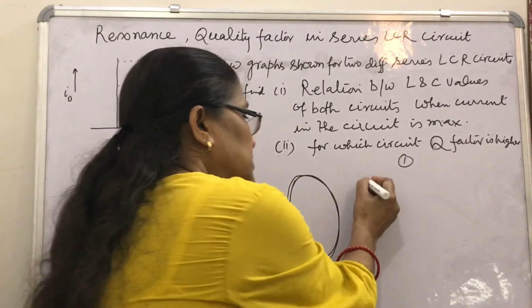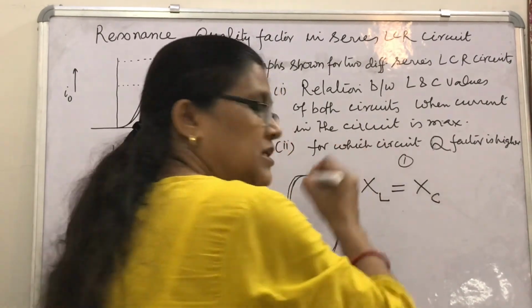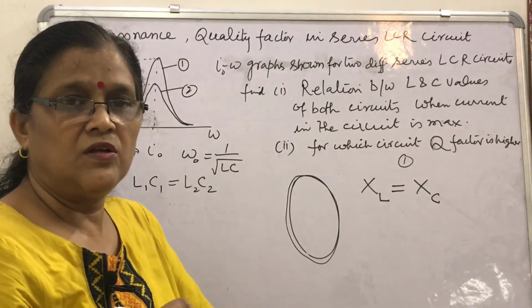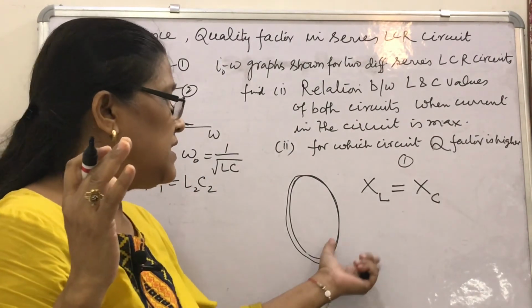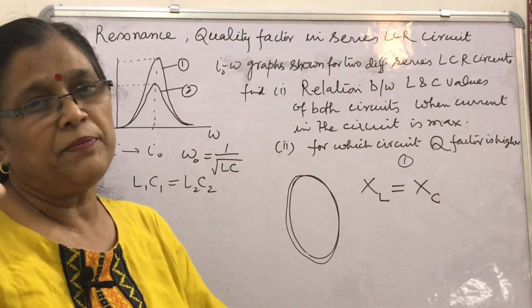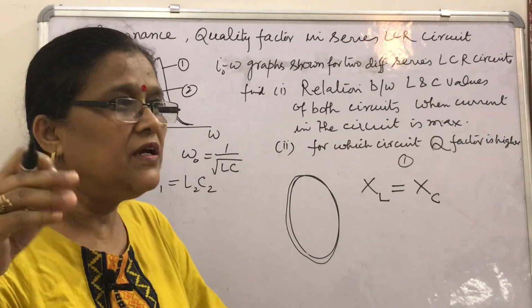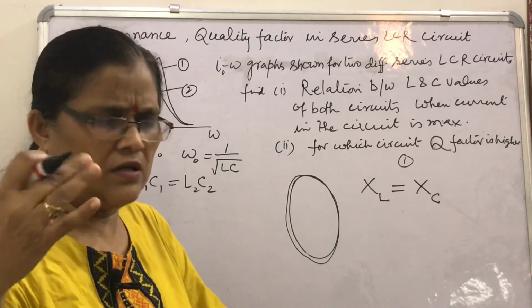What is the resonance condition? XL equal to XC. So the metal detector is set at this condition. What happens when the person walks through the metal detector having some metal in his pocket or with him?